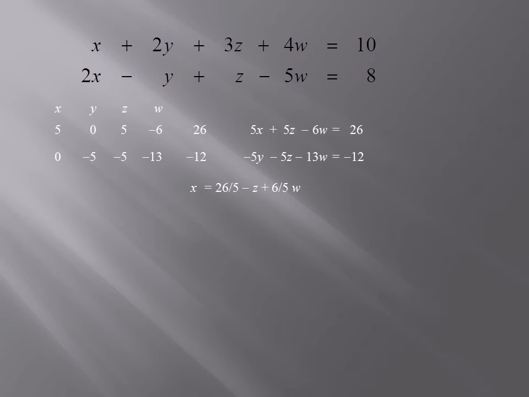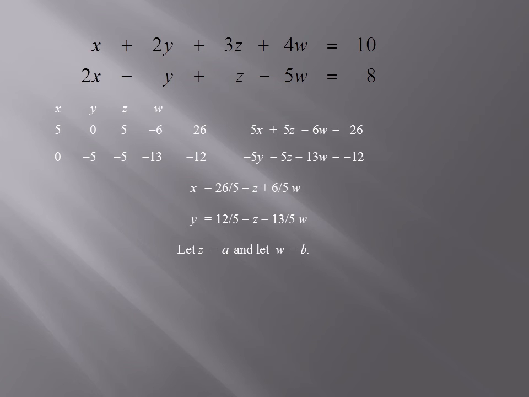And for the second equation, you get y equals 12/5 minus z minus 13/5 w. Recall that after solving for the leading variable in each equation, any variable appearing on the right side of an equation is a free variable. Here we have two free variables, z and w.